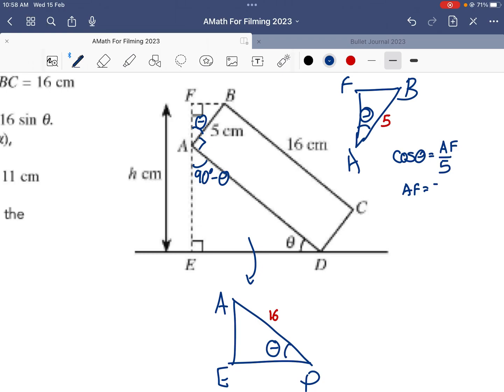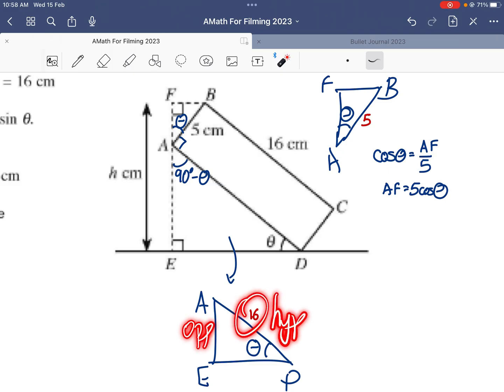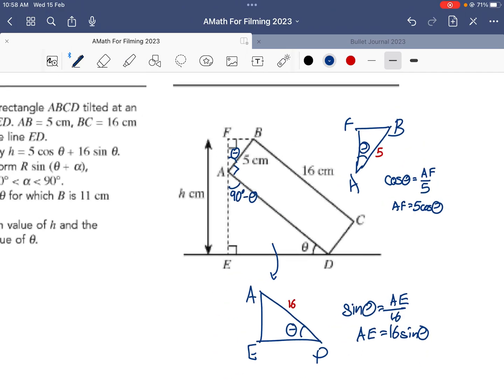So AF is 5 cosine theta. Similarly, to find the length of AE, I apply the sine ratio, opposite over hypotenuse. So sine theta is AE over 16, and AE equals 16 sine theta.